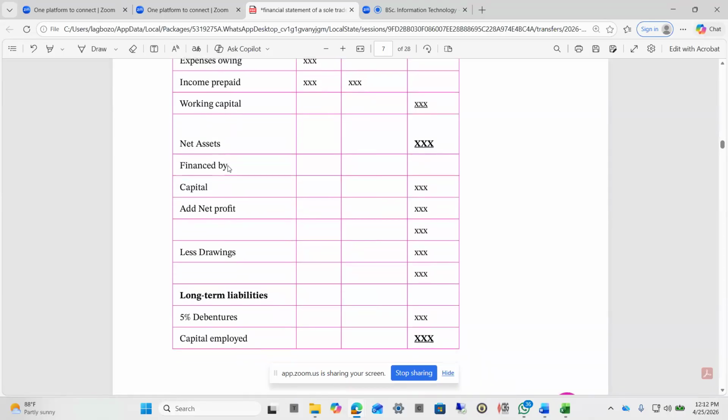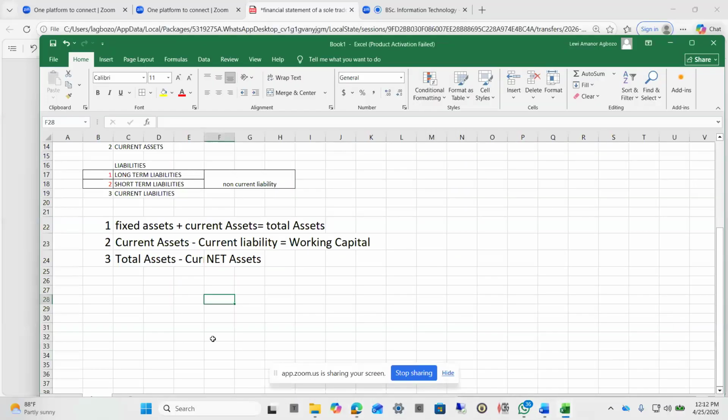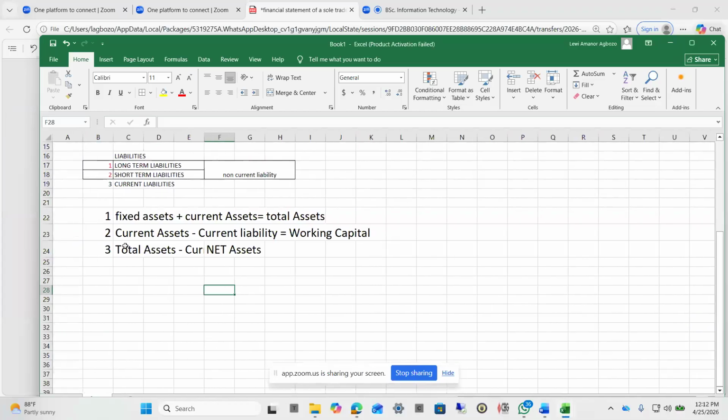So I came to give some illustration here. Then I said, fixed assets plus current assets will give you your total assets. Do you get that side?